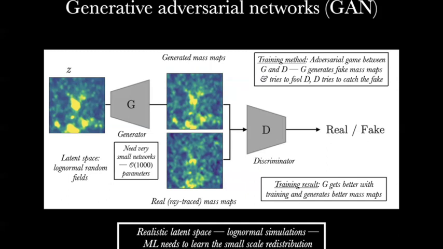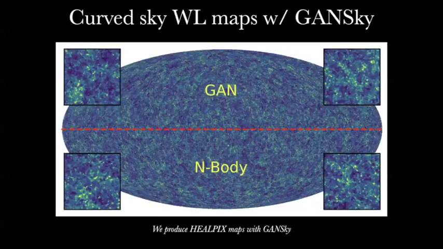And in that case, the generator only needs to do small changes to the log normal map to create simulation maps that are very close to the real maps. And by doing so, we can achieve this sort of a training with a very small number of neural network parameters. We only need around 1,000 parameters to get good simulation quality maps from the log normal maps.